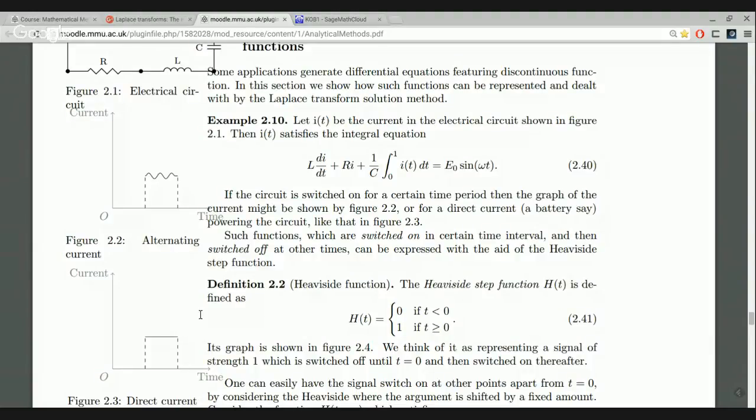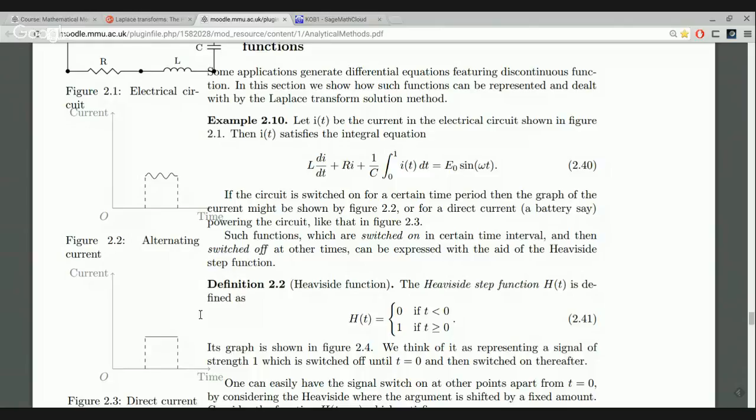How would I mathematically describe this kind of switch, which is switched off? It's difficult to draw because I've also drawn the axis there, but you can imagine the graph just being 0 everywhere, but then at time a it switches on.